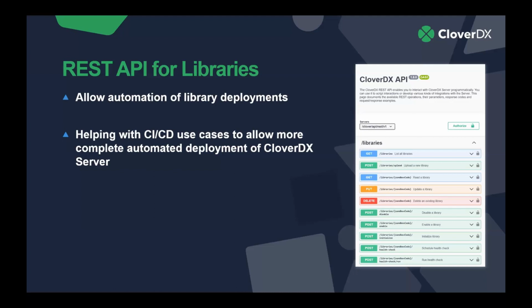We have some clients that already are playing with this, where they are using, for example, Jenkins to orchestrate creation of their environments based on configuration in version control. And since they are often using libraries, they can use this to deploy libraries directly from Jenkins, for example, when a new version of a library becomes available within their version control. So we're expanding the API capabilities and the automation that should help you, especially if you are doing some sort of automation for your deployments.